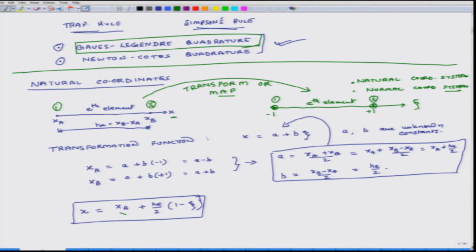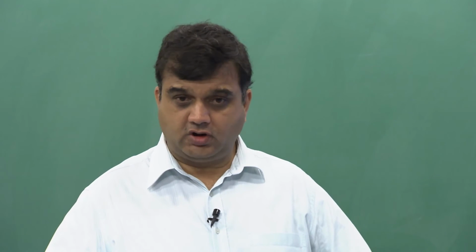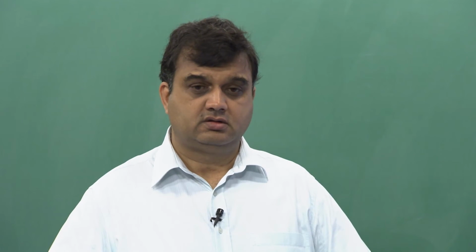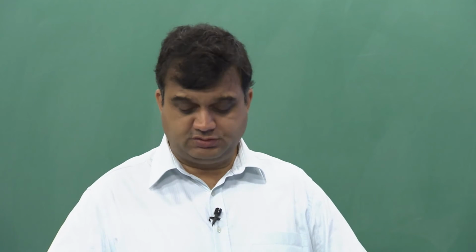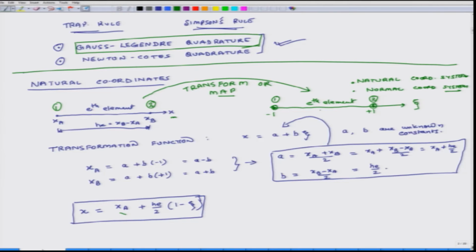So, any two noded element with whatever values of xa and xb can be transformed or mapped into an element in the zeta coordinate system having first node at -1, second node at +1 and the length being 2, because the transformation constants a and b vary from element to element.